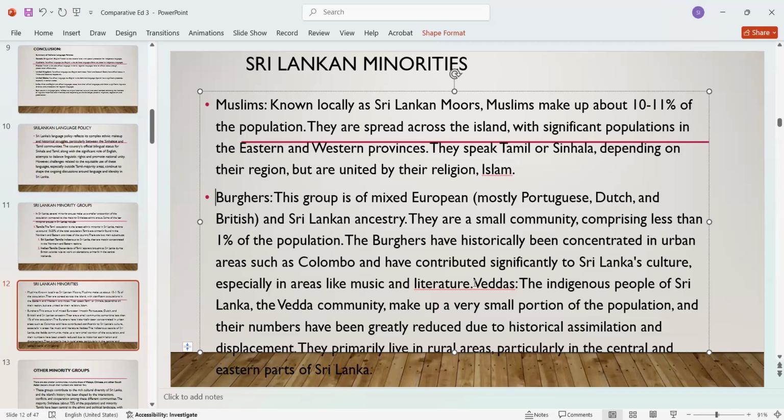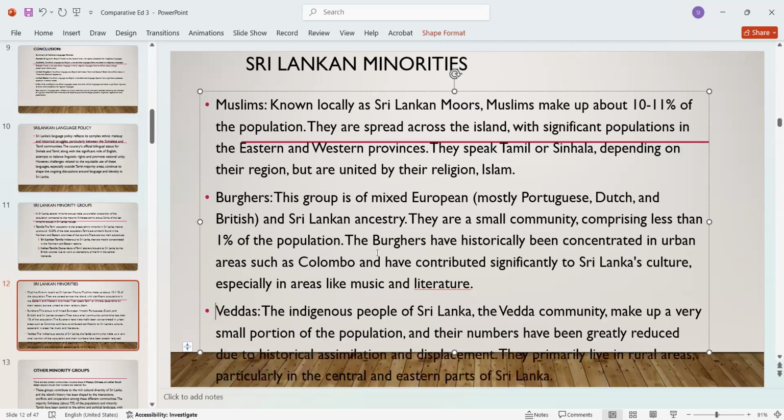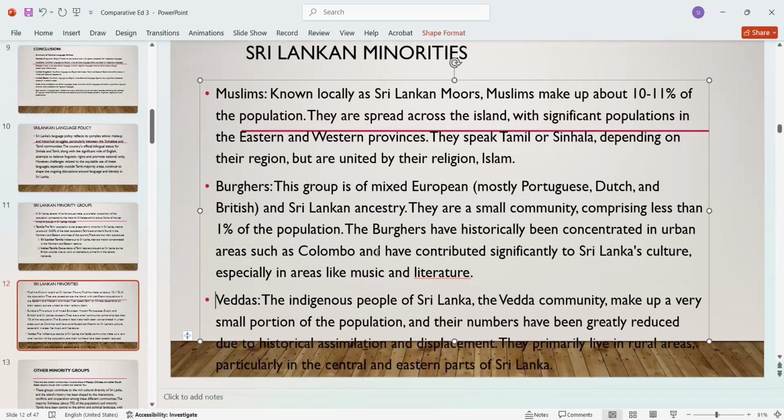The other minority, right? Not only minority, our indigenous people are the Veddas. The indigenous people of Sri Lanka, the Vedda community, make up a very small portion of the population, and their numbers have been greatly reduced due to historical assimilation and displacement.